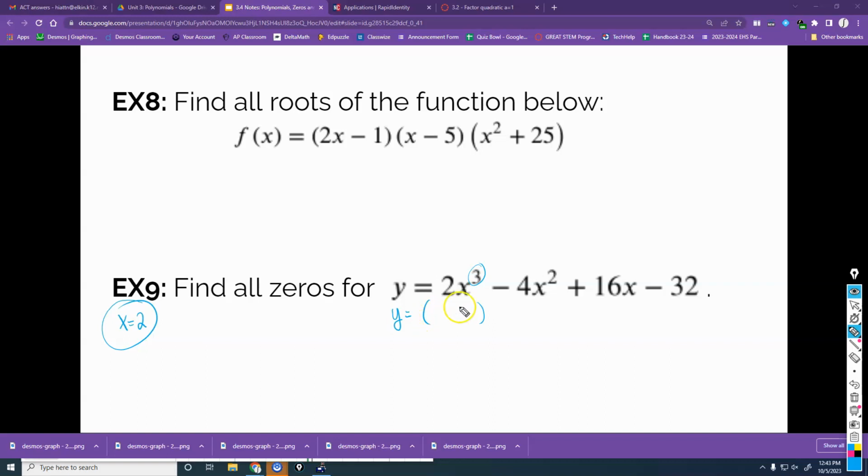Like, let's go back up here. x minus 5, what's the 0 that goes with that? x equals positive 5, right? So if my 0 is x equals 2, what's the factor that goes with it? x minus 2. Okay, so opposite sign there.